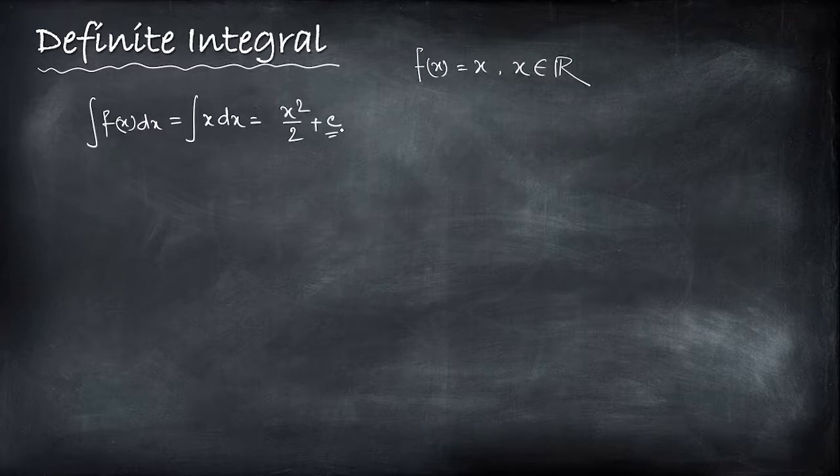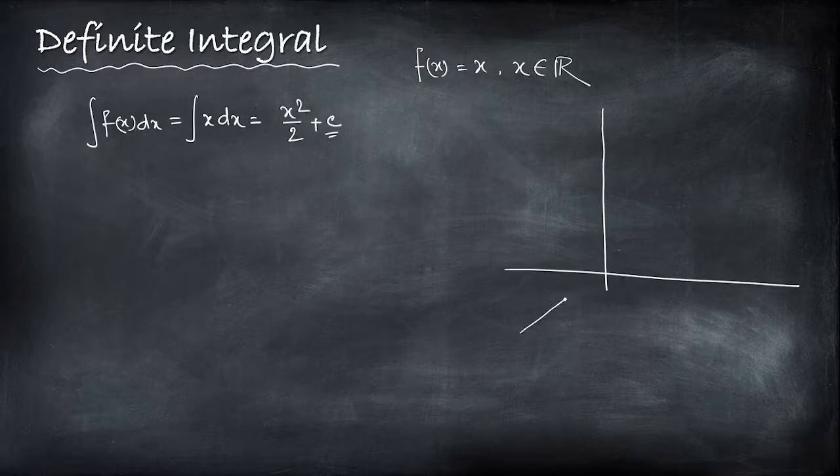And we know that by the formula of x to the power n, it is very easy to understand an indefinite integral. Now, we draw the graph of this function f of x equals x, and it looks like this.